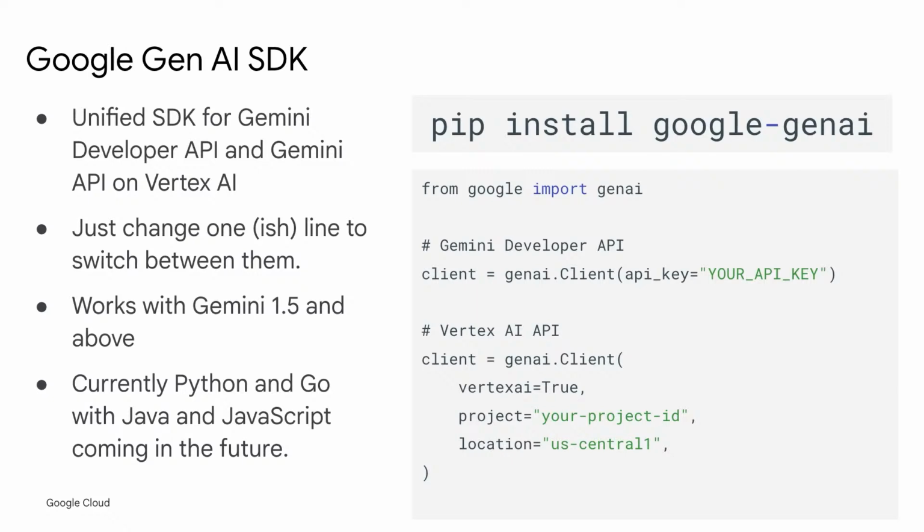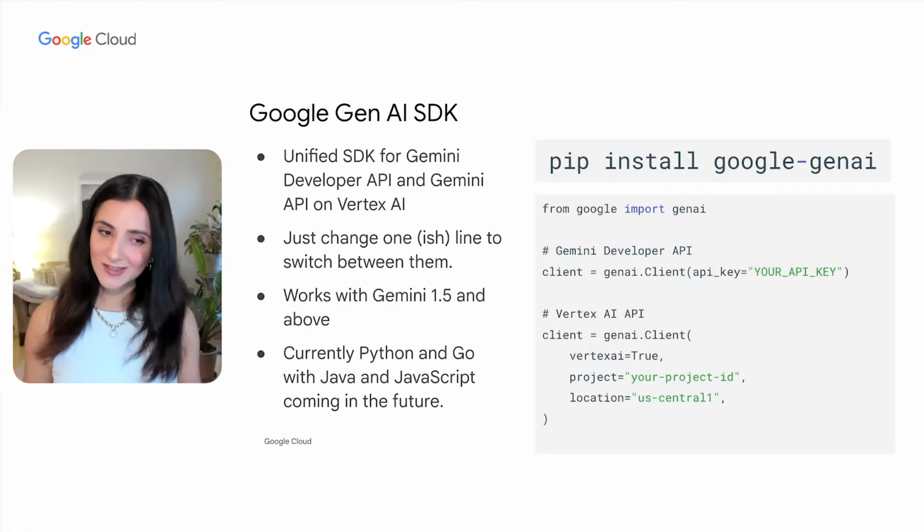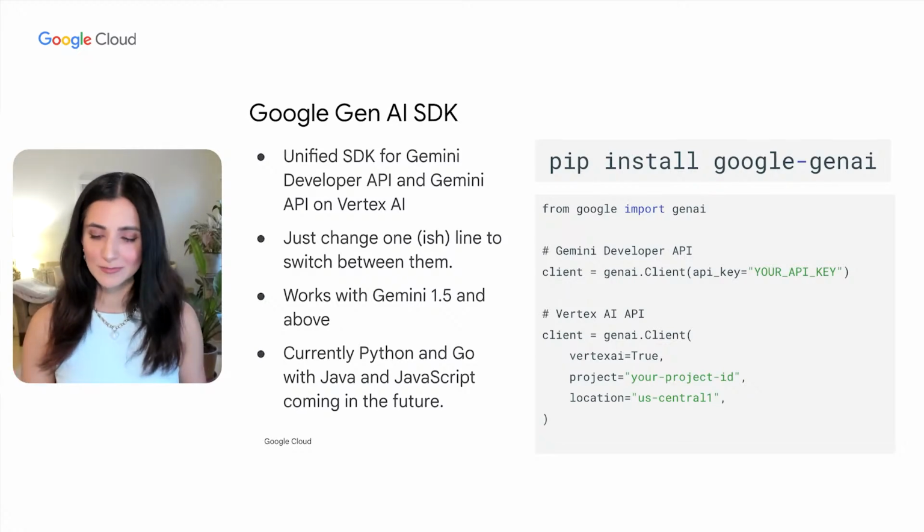And it works for Gemini 1.5 models and above. So if you want to use any of those 2.0 models I talked about, the Google Gen AI SDK is the way to go. It's currently available in Python and Go, and Java and JavaScript are coming in the future. But if you're a Python user like me, pip install Google Gen AI is the way that you will access all of these new 2.0 models.